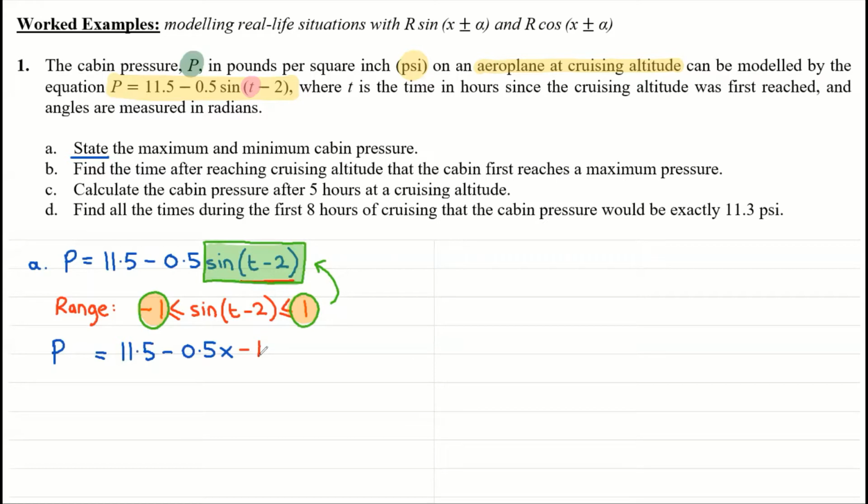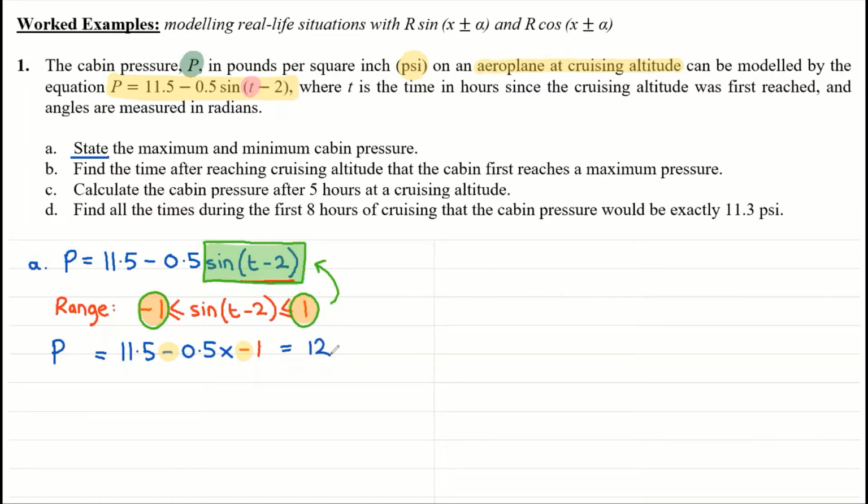Now then, you'll notice we have a double negative, don't we? We have the -0.5 here multiplied by the -1. So that's going to become a positive, which means we're going to be adding 0.5 to the 11.5. So this is simply going to be 12. Okay, once you figure that out.